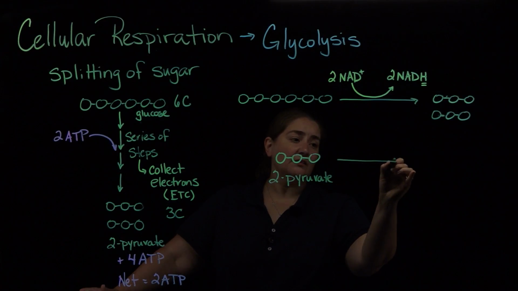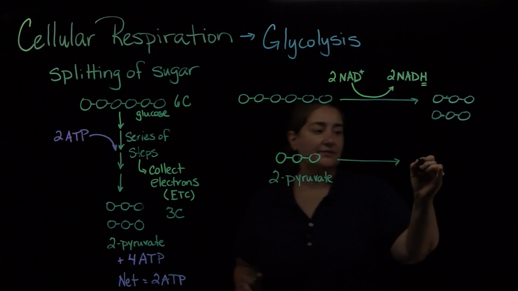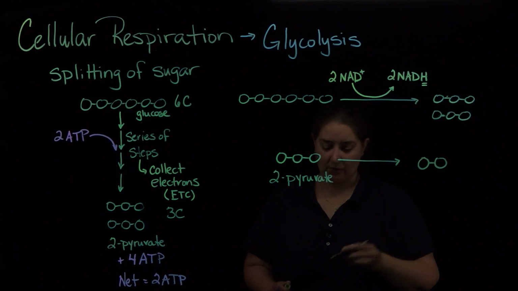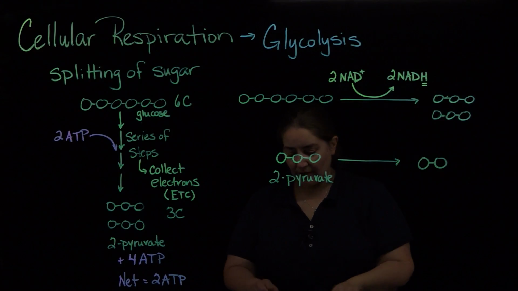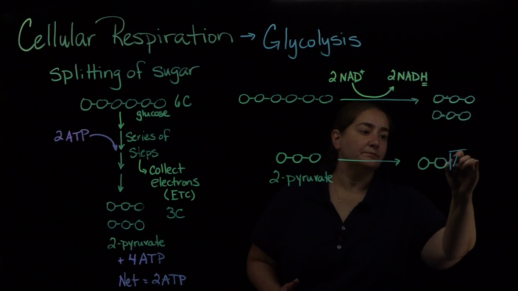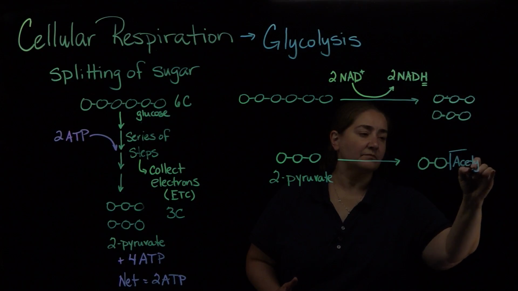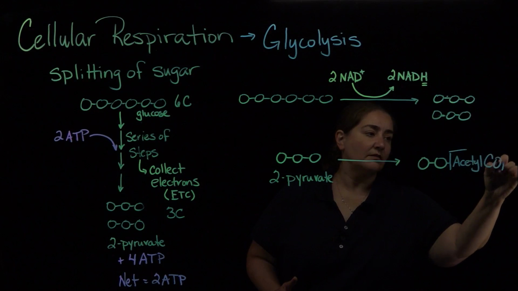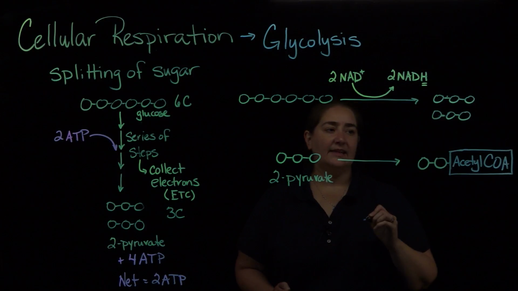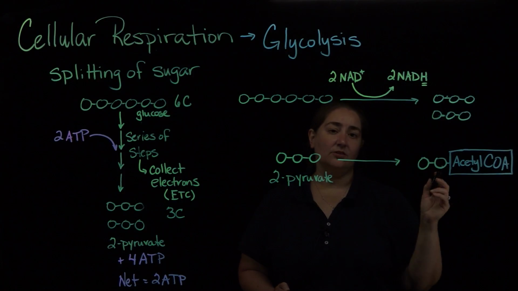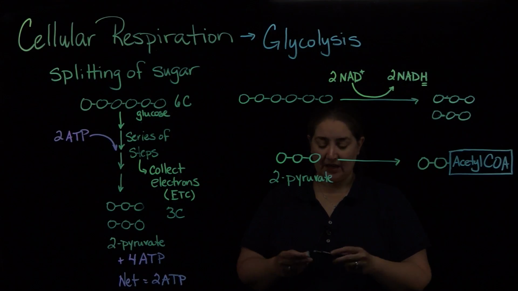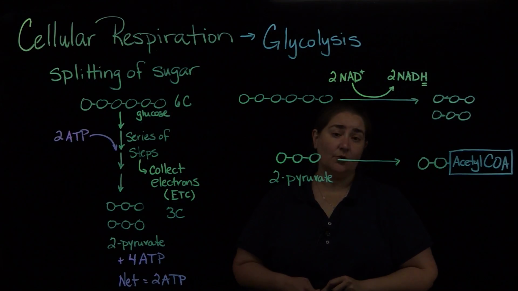And that something else, again with the squeakiness, sorry, is going to be a 2-carbon molecule with, and I'm going to draw this in a different color, something attached to it. And that something attached is called acetyl-CoA. The CoA stands for coenzyme A. I'm fine if you just refer to it as acetyl-CoA.